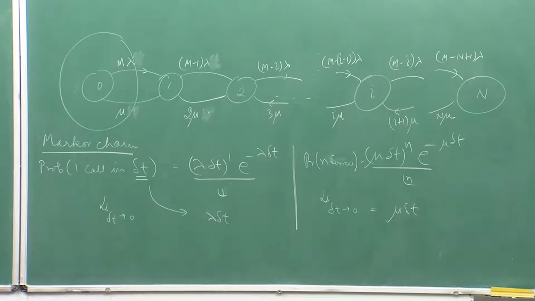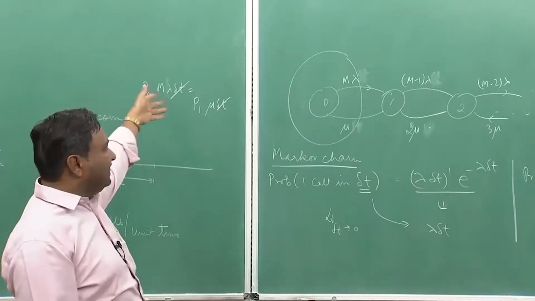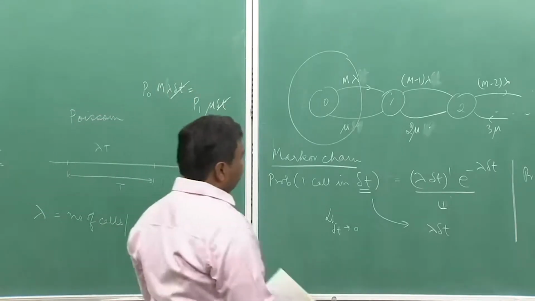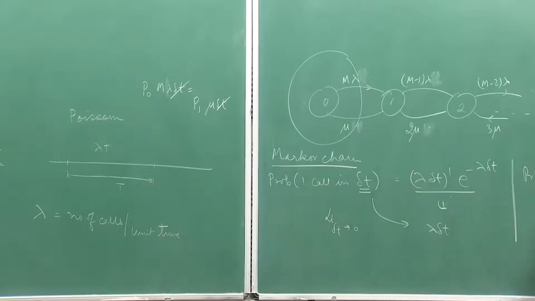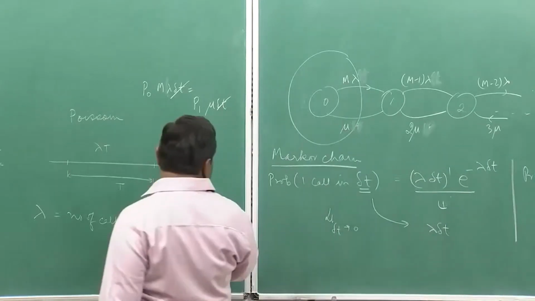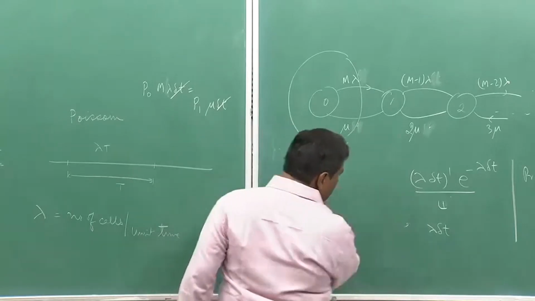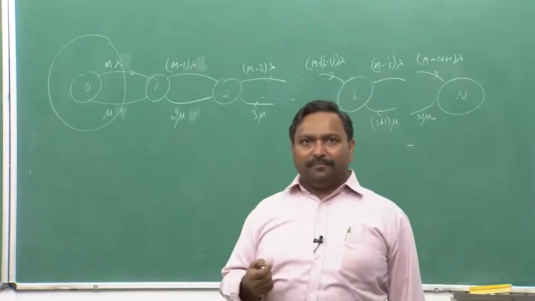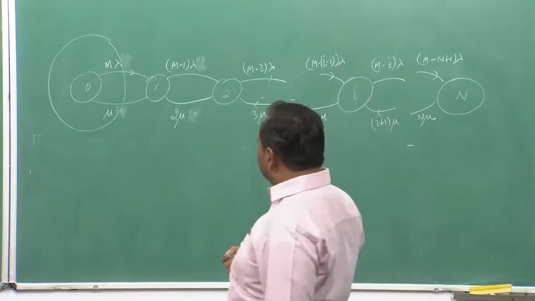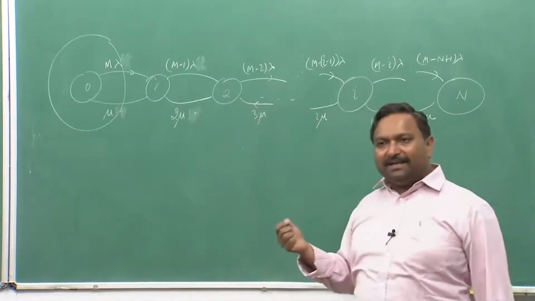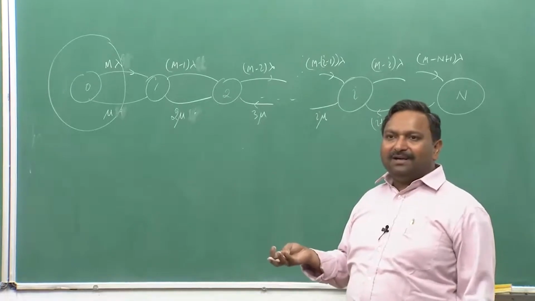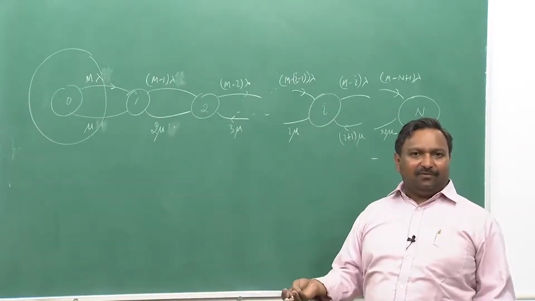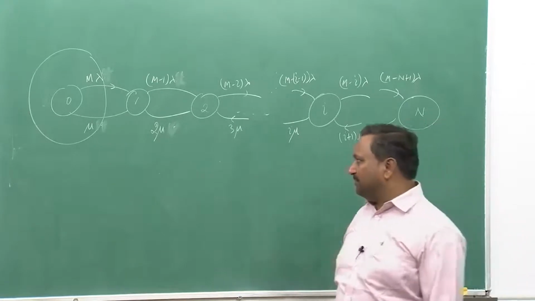The probabilities are proportional to these, and the proportionality constant delta t has been removed. For balance equations it does not matter. So now I can use a balance equation to solve it. My idea is to figure out the probability of being in state i. Once I know that, I can find the probability of being in state n, which is the blocking probability of this system.